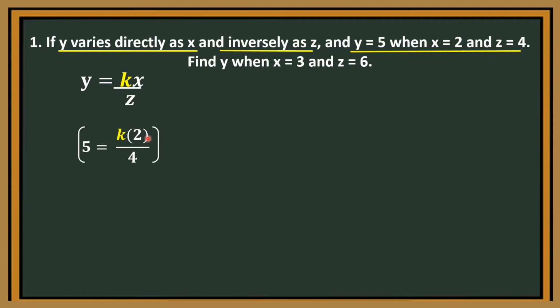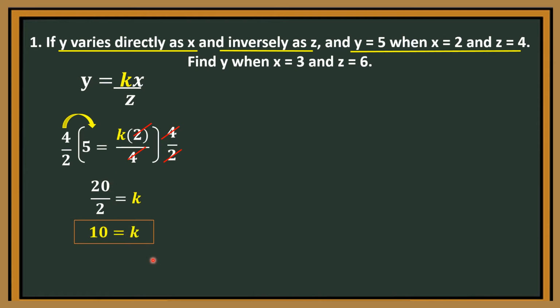The reciprocal of 2 over 4 is 4 over 2. So that you can cancel 4 and 2 to the right side. And then, what remains is k. Then, the left side, we're going to multiply by 2. That is 20 over 2. Then, 20 divided by 2, that is 10. Therefore, the constant is 10.